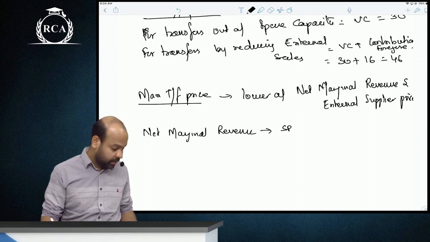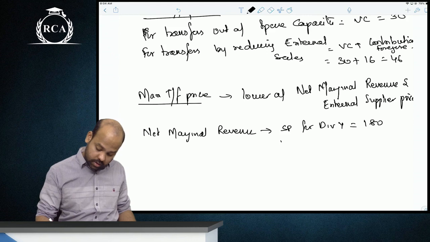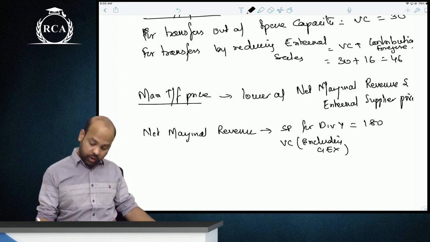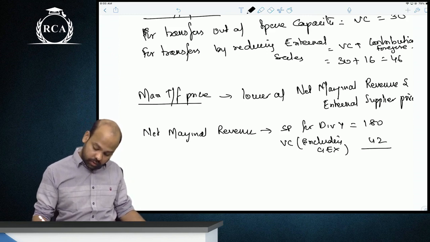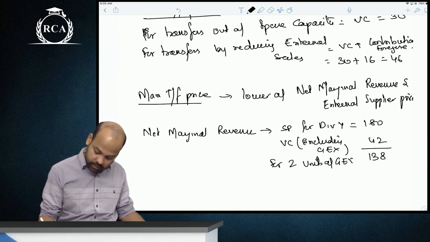The selling price for division Y is 180. Variable cost excluding GEX, we already wrote this, is 42. So 138 is for 2 units of GEX.